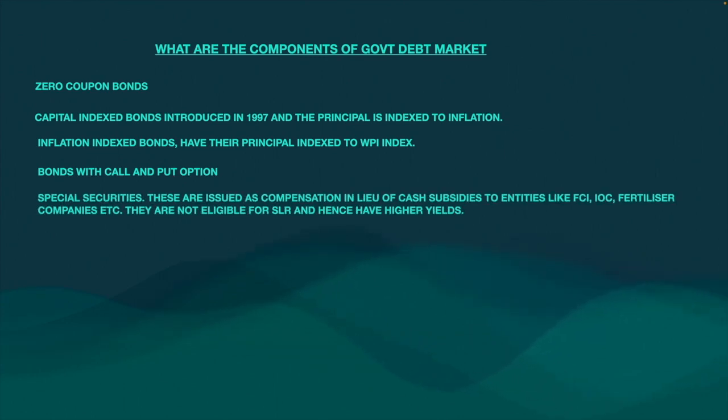Now, special securities are certain types of bonds which are issued as compensation by the central government in lieu of cash subsidies which they are supposed to give to certain entities like Food Corporation of India, Indian Oil Corporation, fertilizer companies, etc. See, fertilizer companies manufacture fertilizer, but the rate at which they are selling is far less than the rate at which it is manufactured.